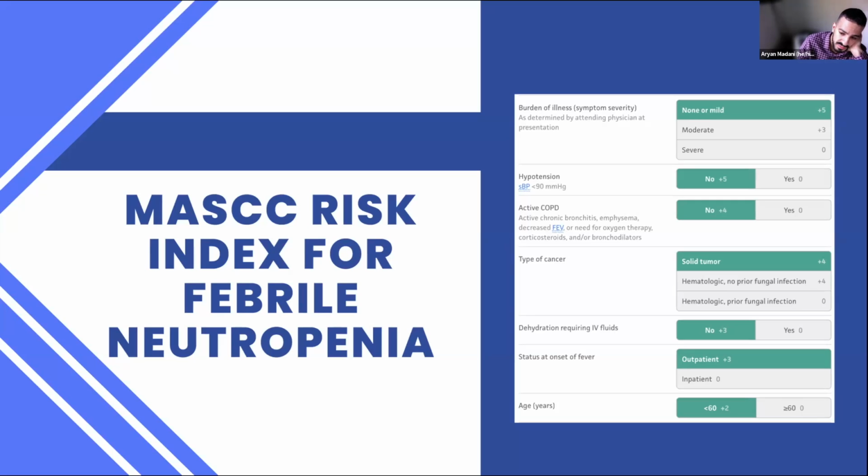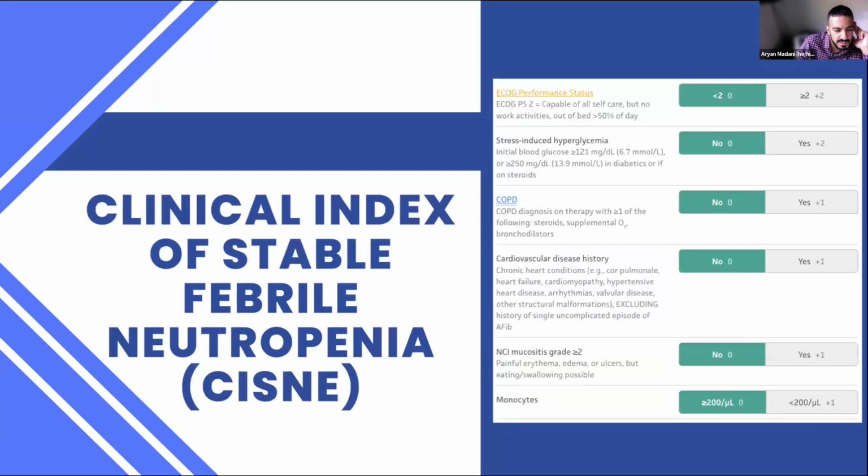You can see solid tumors versus hematological give you different points here. Dehydration requiring IV fluids, and status at the onset of fever, whether it was an inpatient or outpatient setting, and also accounts for age.